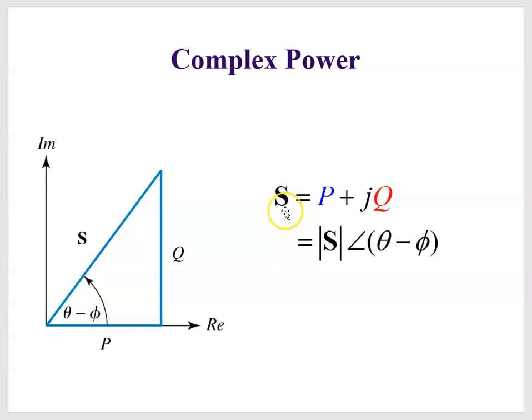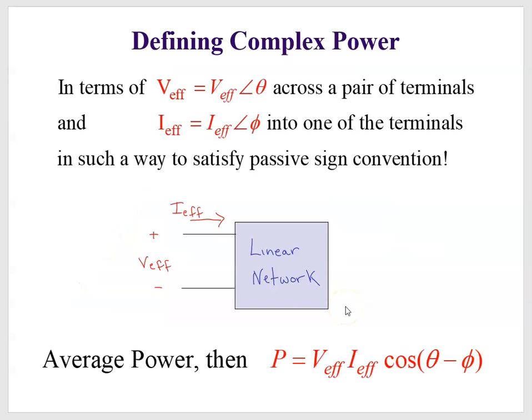So we can represent our complex power in rectangular form or in polar form, as we can with any complex number. So if we imagine that we are driving a linear network that has a voltage across it defined as V effective, our RMS value, with amplitude V effective and angle theta, it's driving a current into the linear network.